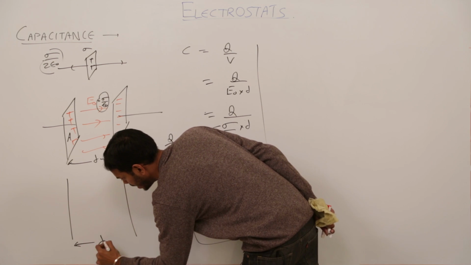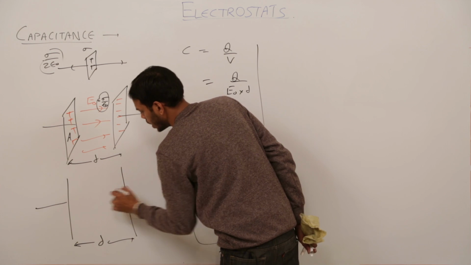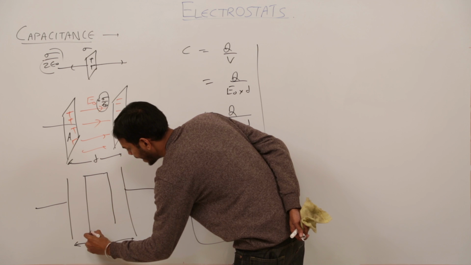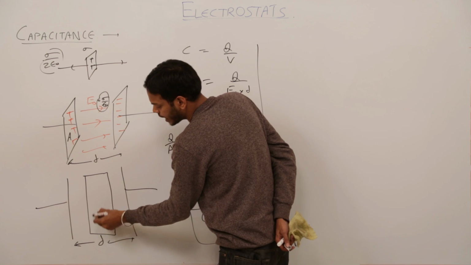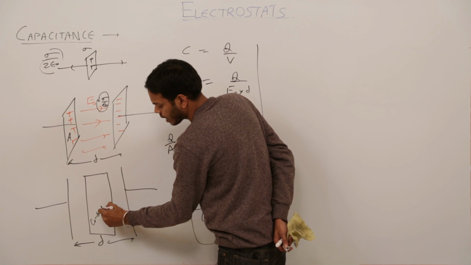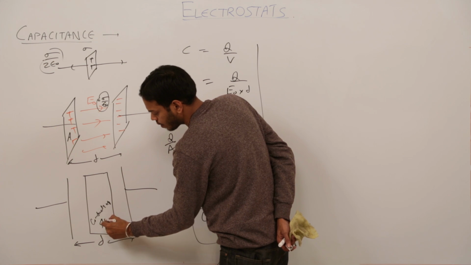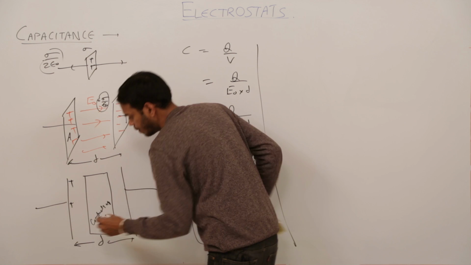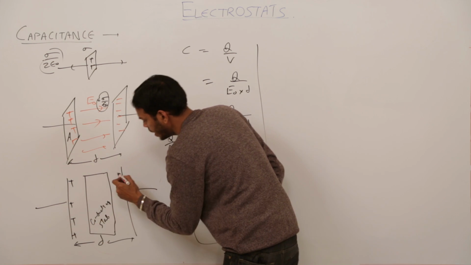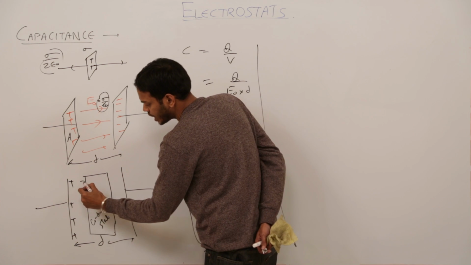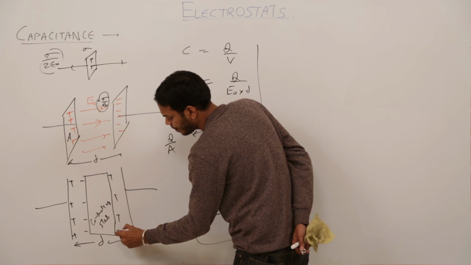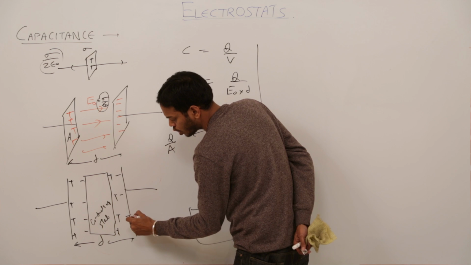The distance between the plates is d, the area was A, and I have inserted a metallic conductor, a conducting slab, between the capacitor plates. Initially our positive charge was on this plate, so an equal and opposite charge will be induced on this side, and an equal and opposite on this side.